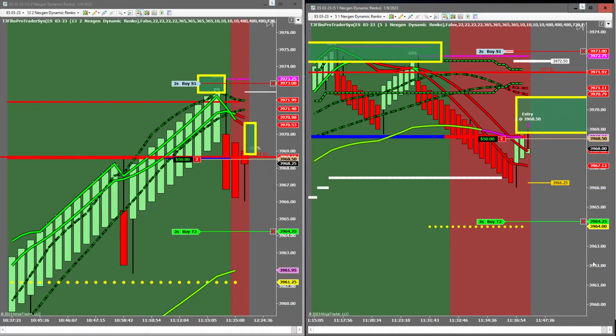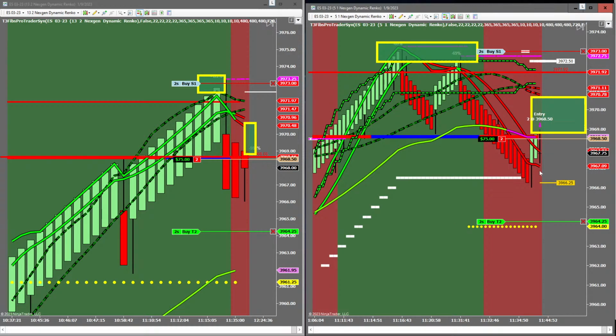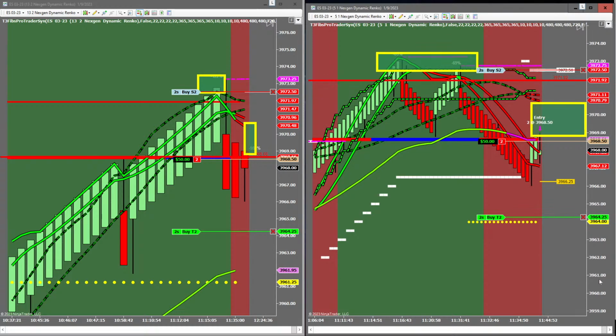But does that fit the rules, guys? Per my rules? Fib top, triggers below an area. Yay or nay? I know you're wondering, is it really going to go down or not?